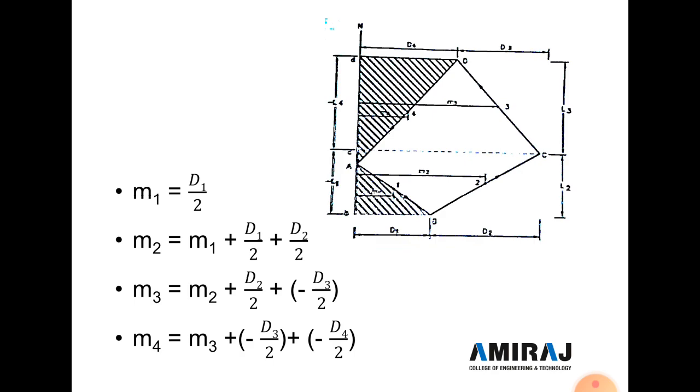Similarly, M3 is M2 plus D2 divided by 2 minus D3 divided by 2. So we get this distance M3. Similarly, M4 is M3 minus D3 divided by 2 minus D4 divided by 2. So we reach this point and get the meridian distance M4.